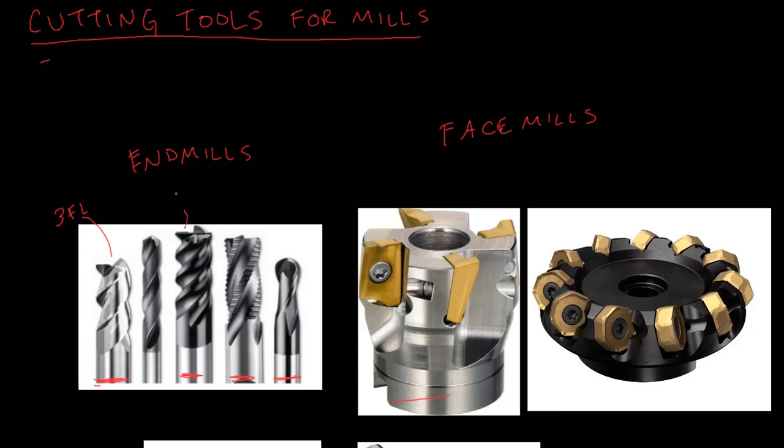This is a 4 flute end mill. This is maybe a 4 flute roughing end mill. And this looks like a 2 flute ball mill, which might also be called a ball nose end mill.